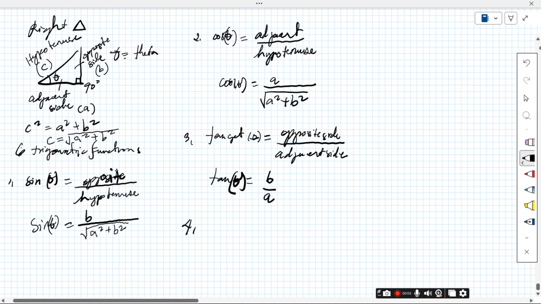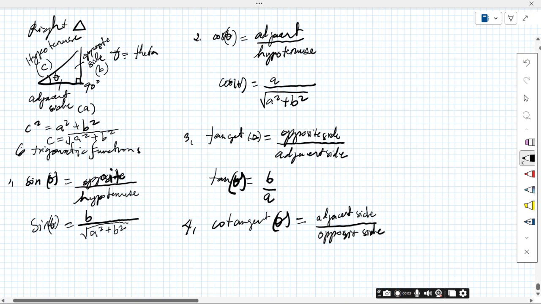Now the fourth function is cotangent theta, and this is defined to be the reciprocal of your tangent. What we see in the numerator becomes the denominator, and what we see in the denominator becomes the numerator. So that has to be the adjacent side over the opposite side.